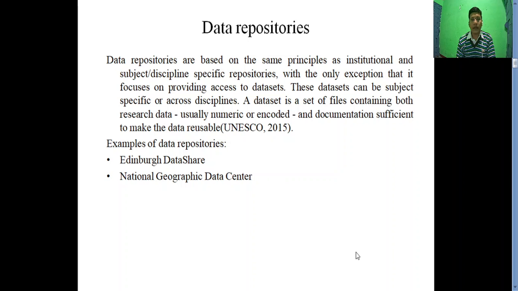A data set is a set of files containing both research data, usually numeric or encoded, and documentation sufficient to make the data reusable. Examples of data repositories: Edinburgh DataShare, National Geographic Data Center, etc.